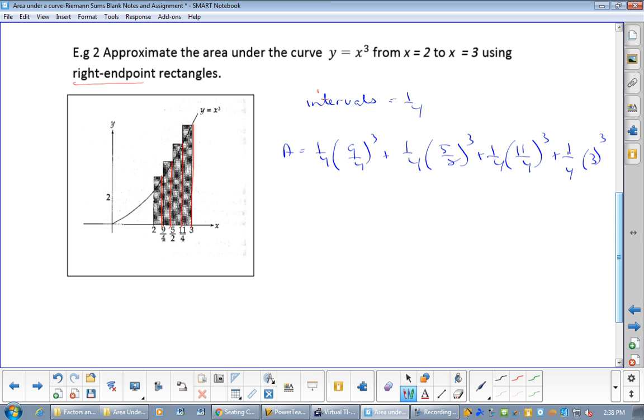Okay, and that'll give me 1197/64, which is approximately 18.703.